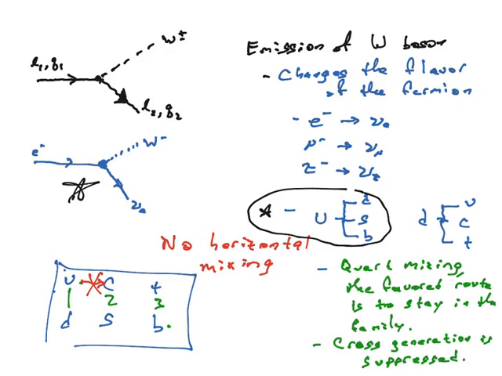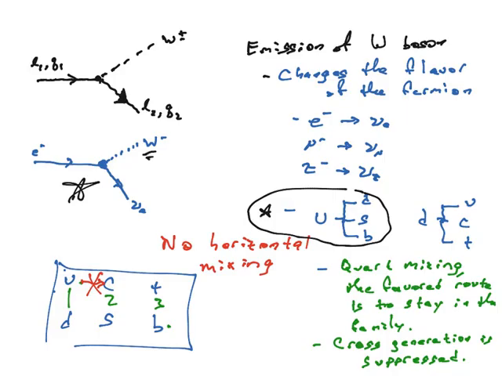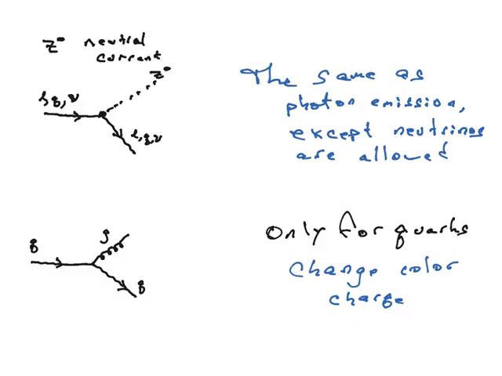You could change what kind of quark it is, the flavor of the quark, but these are weak interactions. Right? The W is emitted when this happens. But for photons and gluons, notice for the gluons, it only changes the color. For the photon, it just changes the energy.